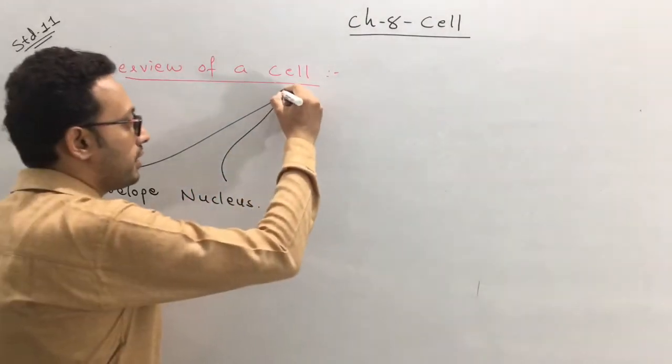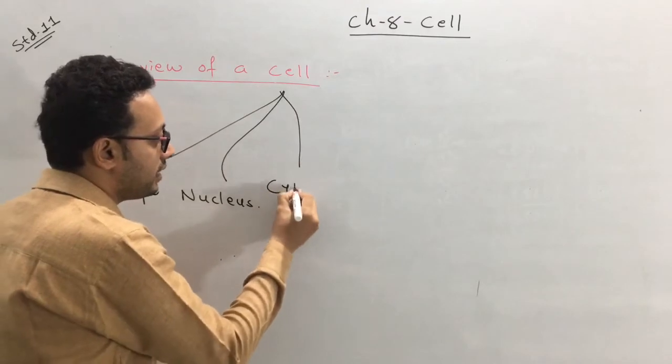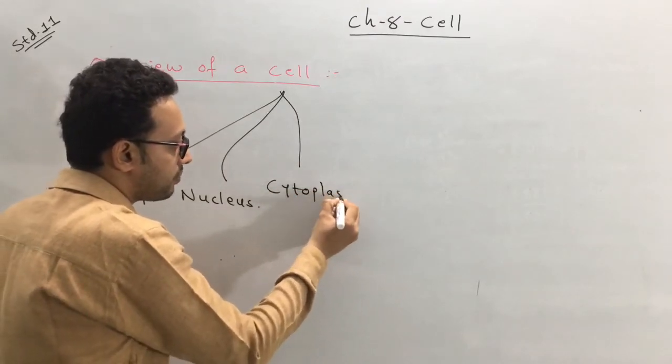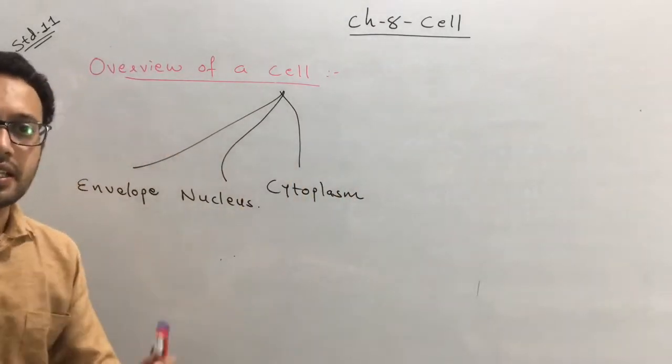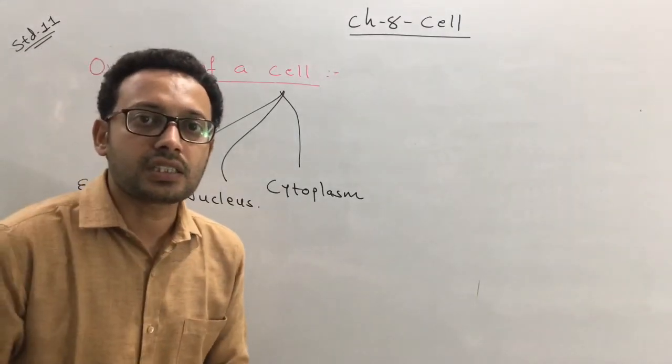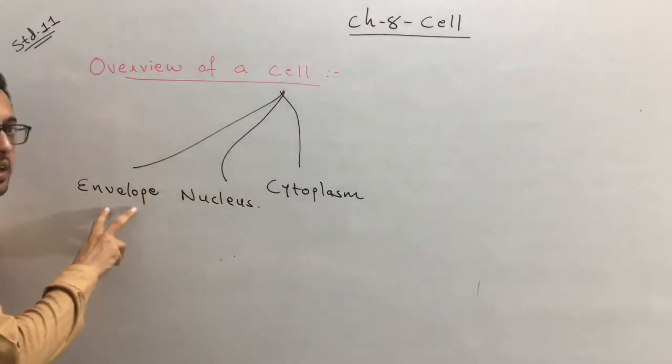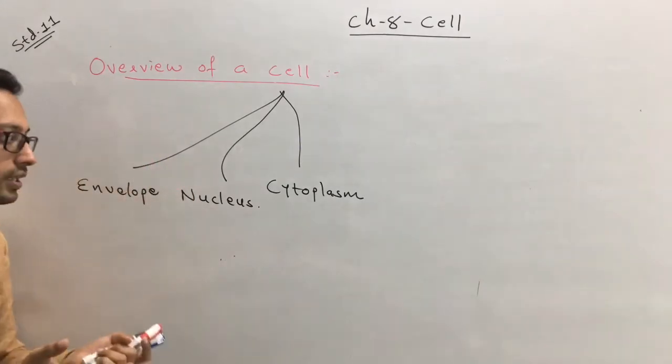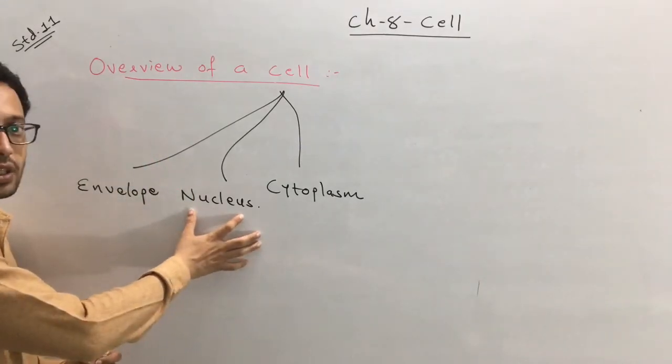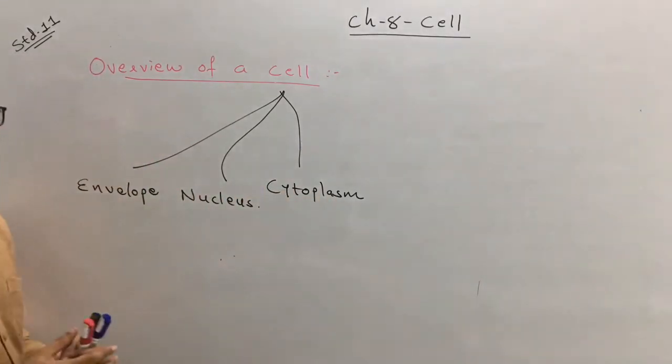And the third component that you find in a cell is the cytoplasm.